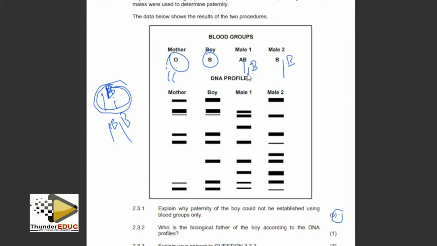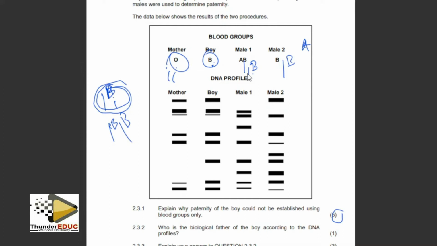So that's why in this case blood group can only help you to eliminate those possibilities which cannot happen. For example, the father can't be blood group A, because if it's blood group A, there is no way the boy is going to have blood group B. So blood group A is wiped out.